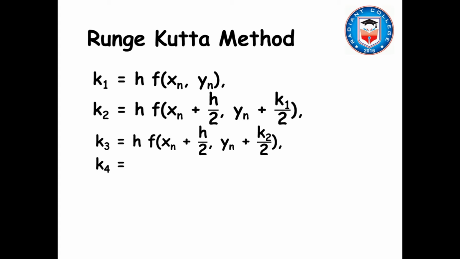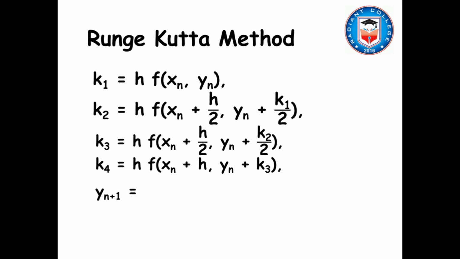And the fourth order k term can be written as h times f of xn plus h and yn plus k3. Remember here in the last term k4 we will take the actual step size, that is h, and consider the previously calculated k3 in this step.